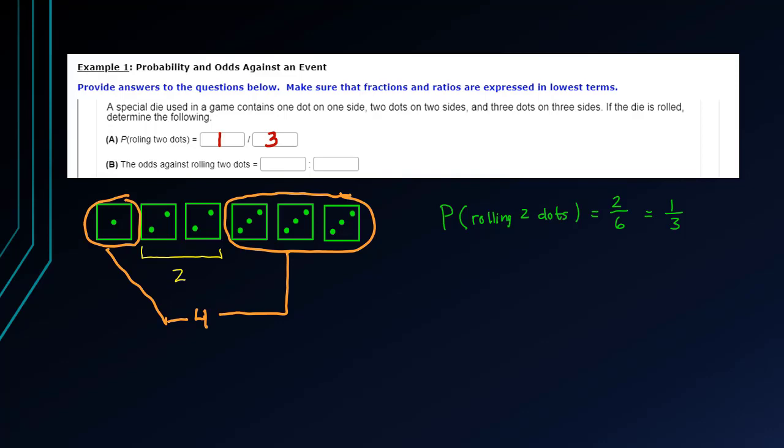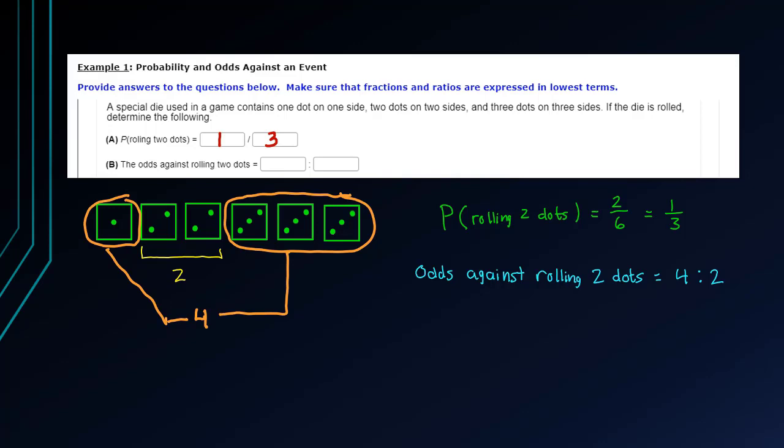So 2 out of the 6 would be 2 dots, but 4 out of the 6 wouldn't be. When I want the odds against something happening, I deal with the number of instances it doesn't happen to the number of instances it does happen. So when I write out the odds against rolling 2 dots, it's a 4-to-2 ratio because there are 4 that are not 2 dots and there are 2 that are.